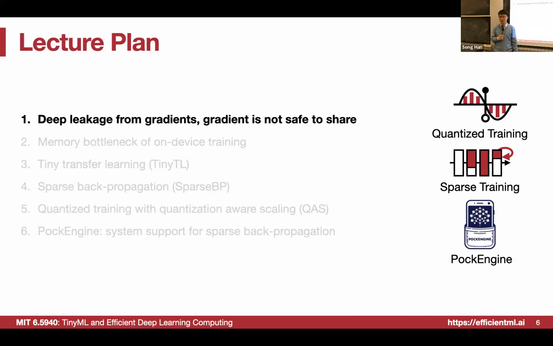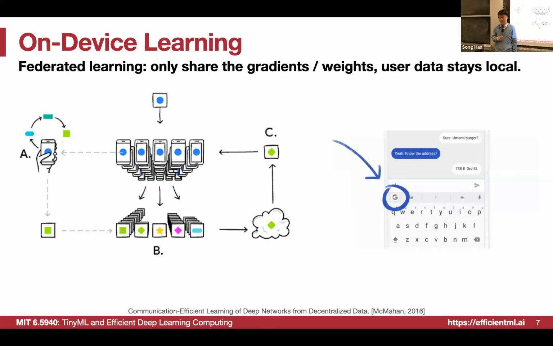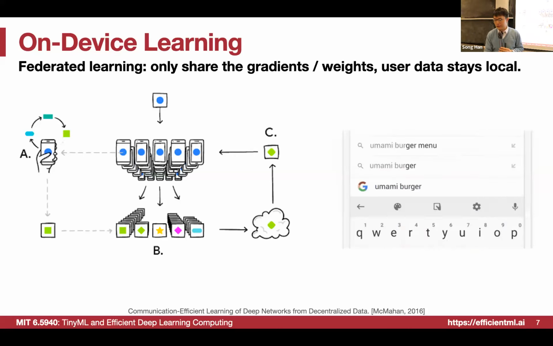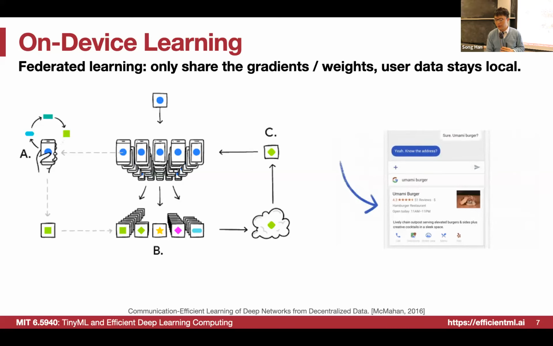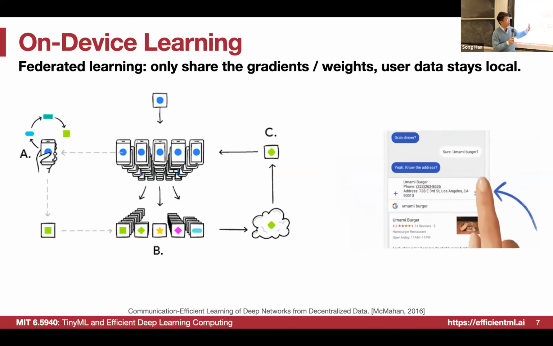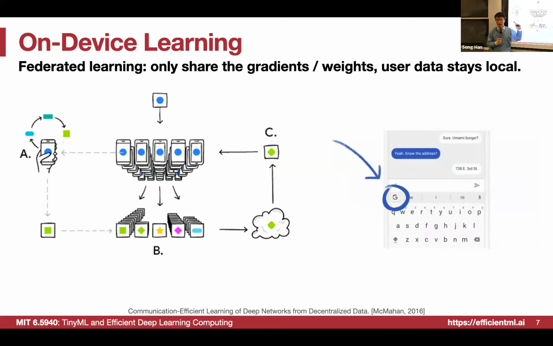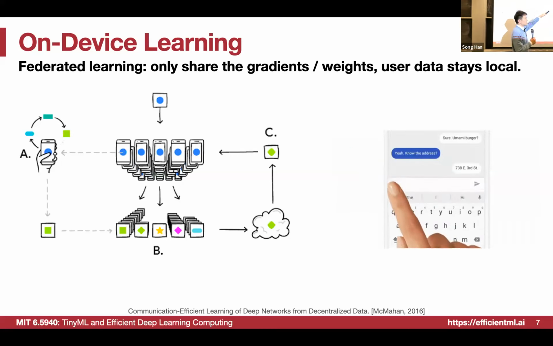So now let's start with the first part of the journey, deep leakage from gradients, where gradients is not safe to share. So let's first introduce federated learning. Okay, so federated learning is a very popular mechanism to only share the gradients among multiple devices, and also the weight rather than the user data.